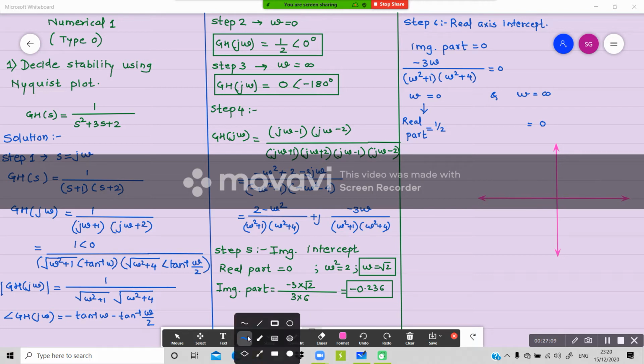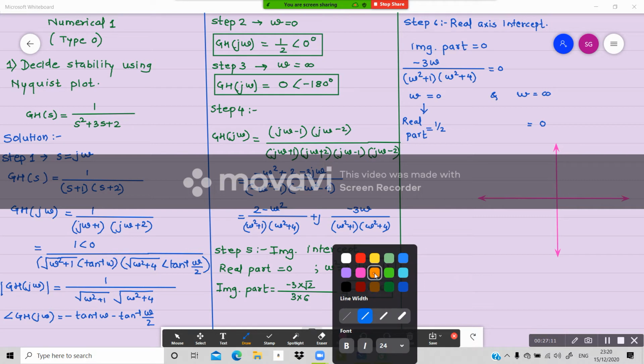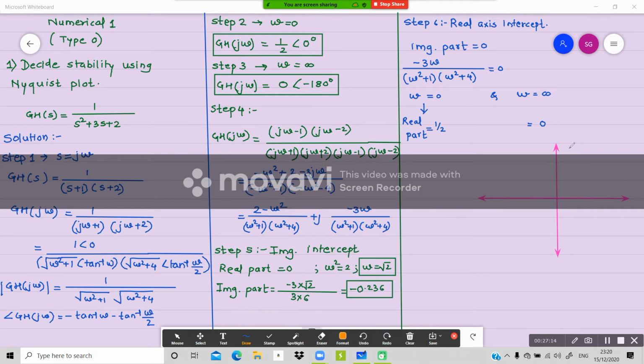Okay. And yeah. So the things we are aware of. In which plane we are drawing? Yes, we are drawing it in W plane now. Fine. We got GH omega at omega equal to 0, that is half at 0. I am not drawing to the scale.